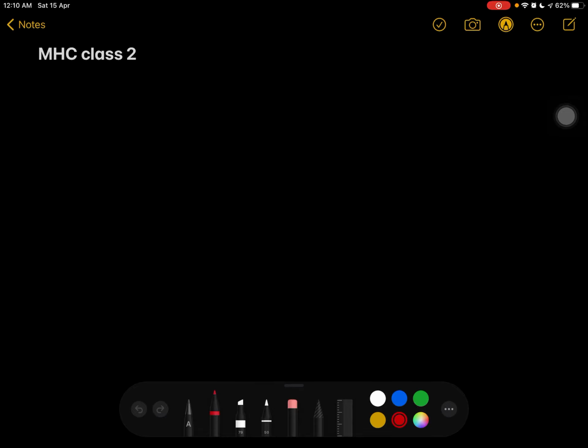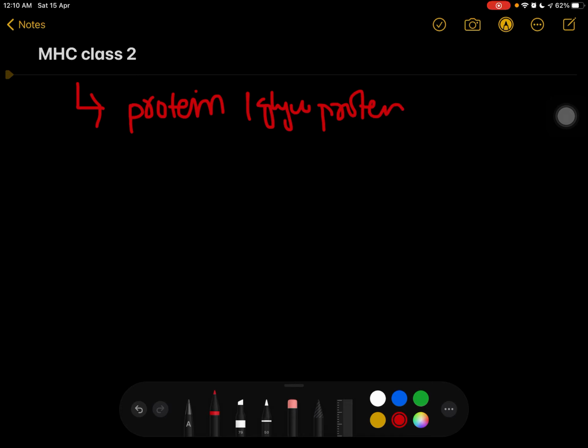So today we will discuss the MHC Class 2. As we have discussed the structure of MHC Class 1 in my previous video. So basically this MHC 2 is again a protein. Basically it is a glycoprotein, right?